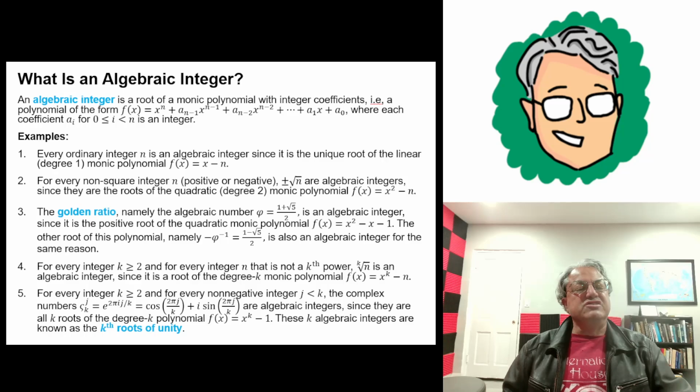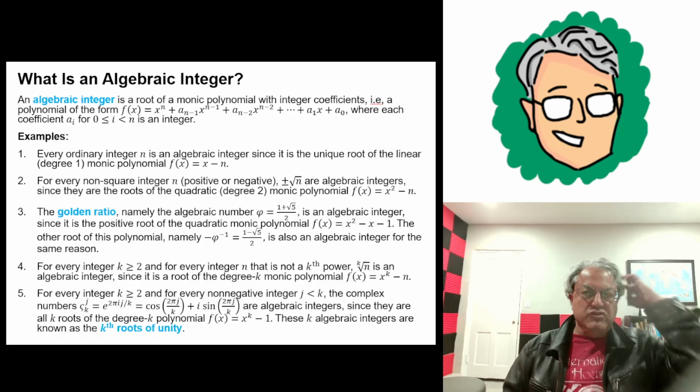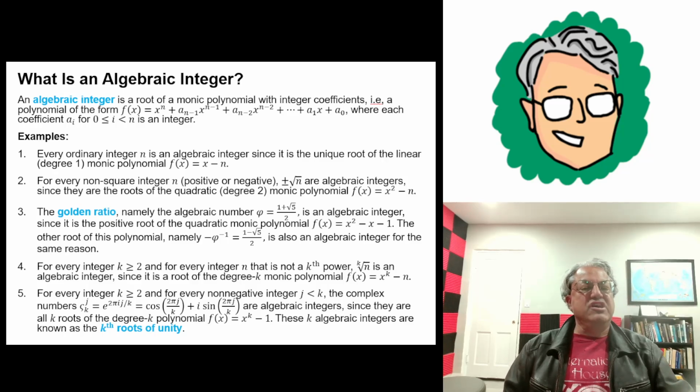And that's pretty easy to see too, because it satisfies the monic degree k polynomial x to the k minus n equals 0, x to the k equals n, or in other words, x is the kth root of n. That's just one of the roots. There's actually k roots of this polynomial, but one of them is the kth root of n, which is always positive, as long as k is positive.